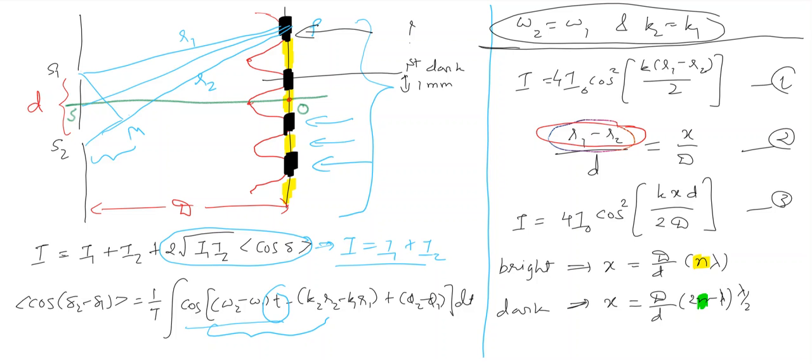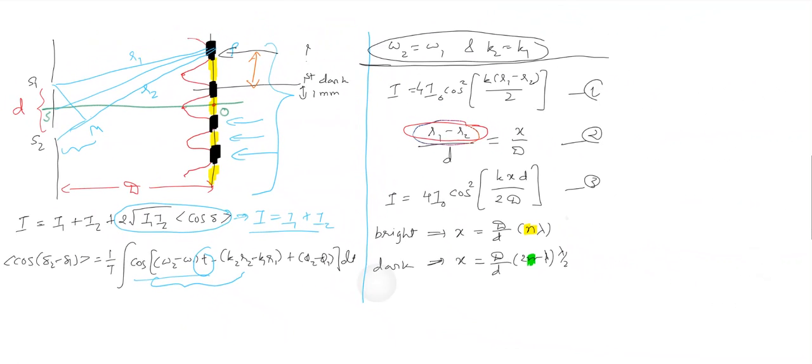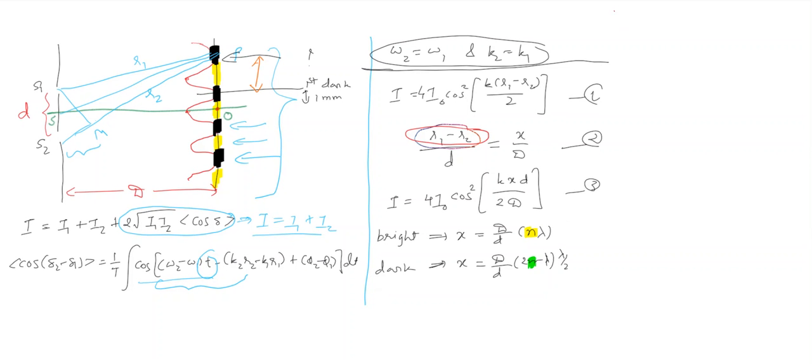So don't get confused. Now, if I want to find the answer to this question, what is the distance between two consecutive dark or bright fringes? What to do? Suppose I am talking about the fifth dark. How do I give the expression for the fifth dark? I will take 5 here, and then x5, if I label it, is 9 lambda by 2.